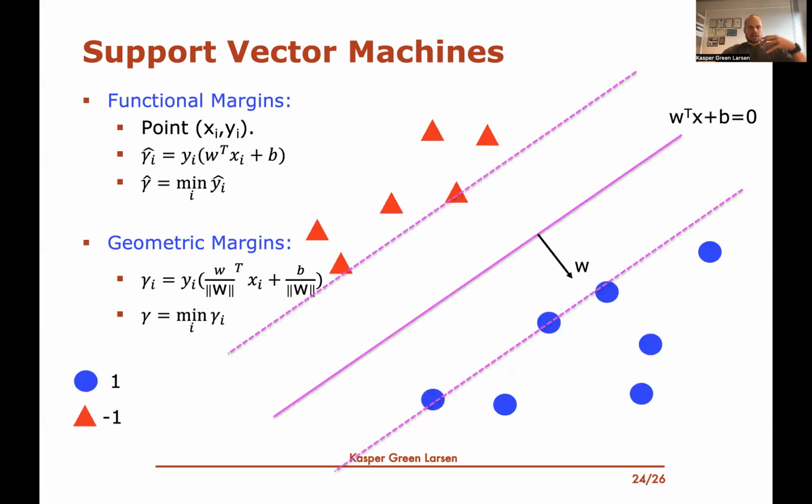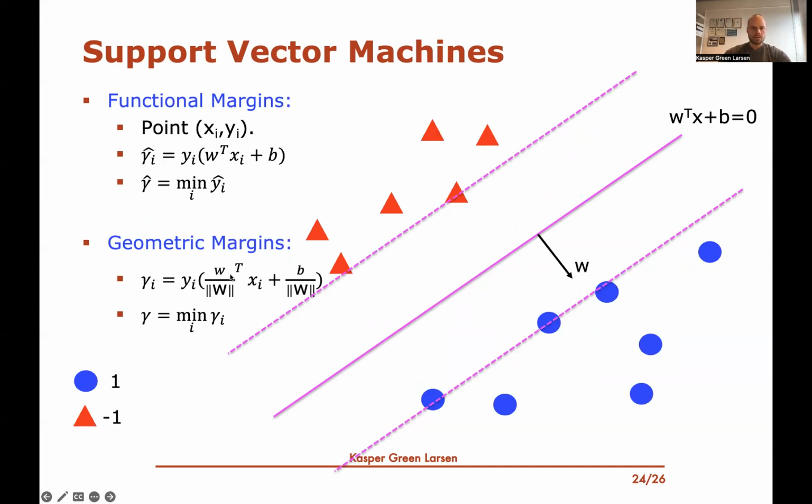So this motivates what we call geometric margins, which are the ones that we really care about. The geometric margins, without hats on, are just gammas. The geometric margin for the ith point is: you take the label of that point and multiply it with this signed distance to the hyperplane.